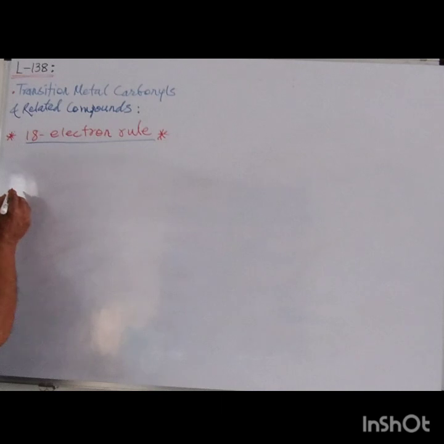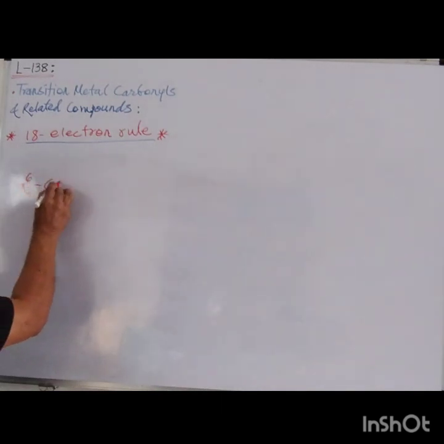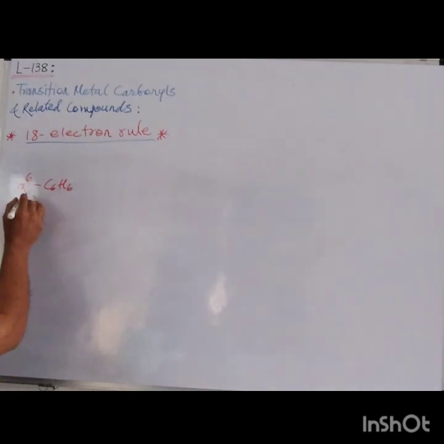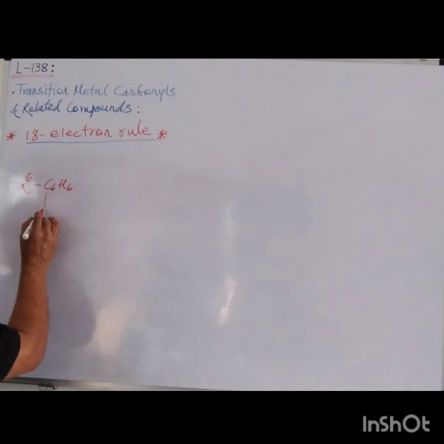Another example is eta 6 C6H6. Here chromium is in zero oxidation state, with carbon monoxide.